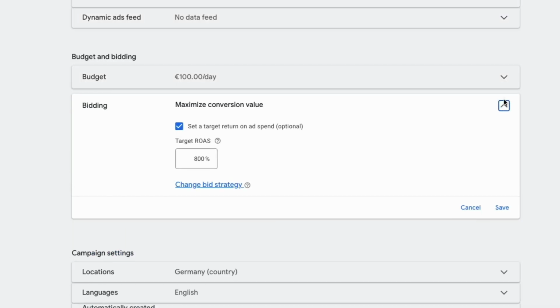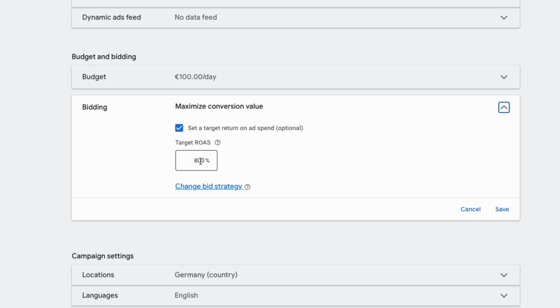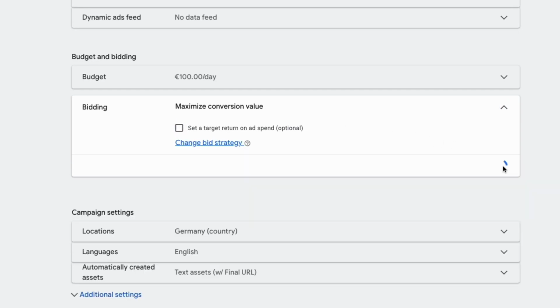And of course, while this does sound good because you can have a little bit more control, a too aggressive target ROAS or target CPA can just limit your campaign from the start on. And what should you do in this case? If your account is new and you don't have a lot of conversion data in your account already, do not choose a target ROAS or target CPA from the start up, because there is no data the algorithm can base its decisions on.